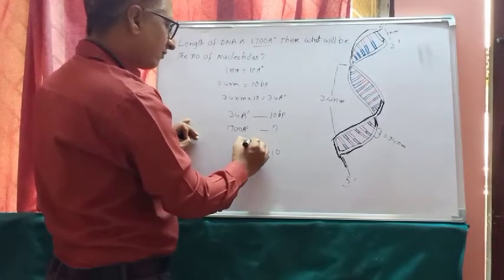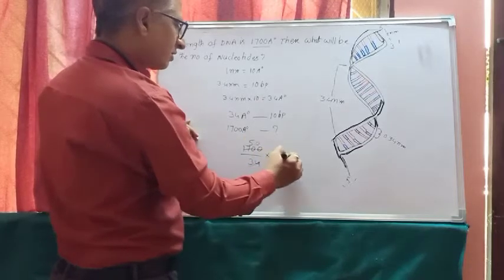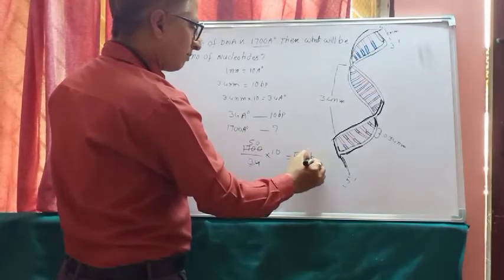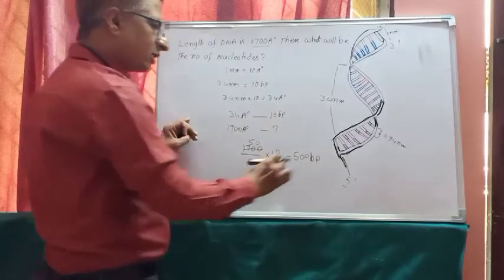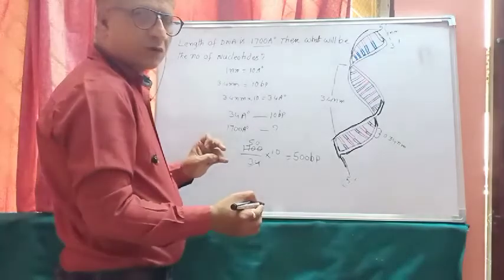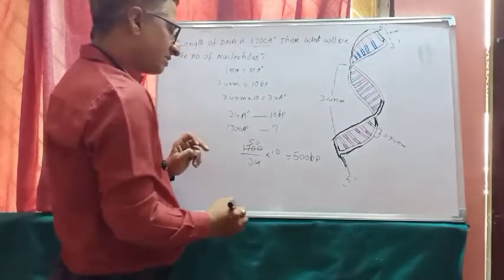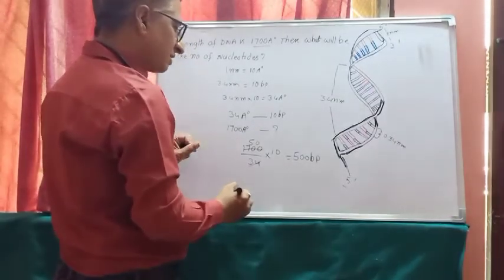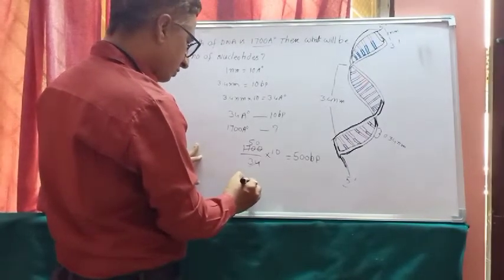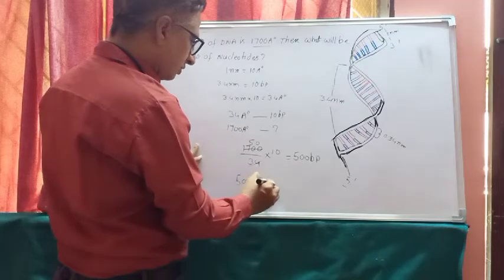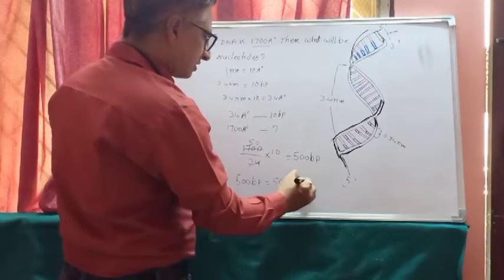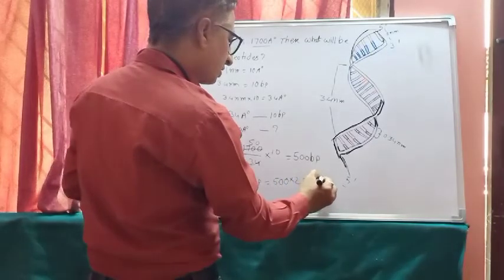Then this is 50 times 10, so 500 base pairs, BP. You know that already: 1 BP is equal to 2 nucleotides. So 500 BP is equal to 500 into 2, that is equal to 1000 nucleotides.